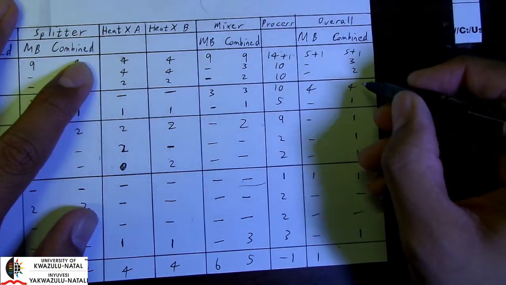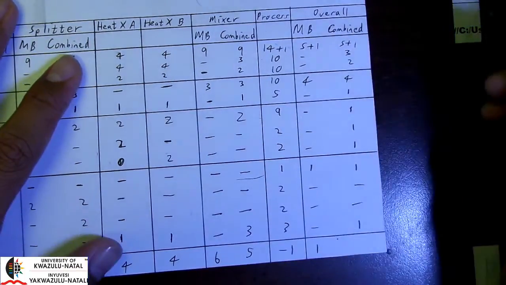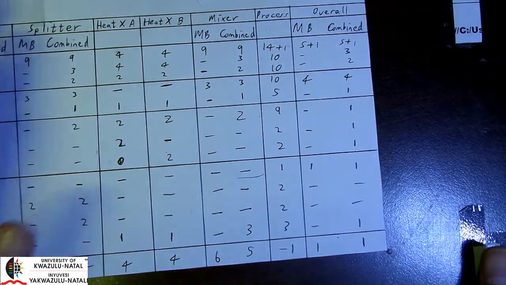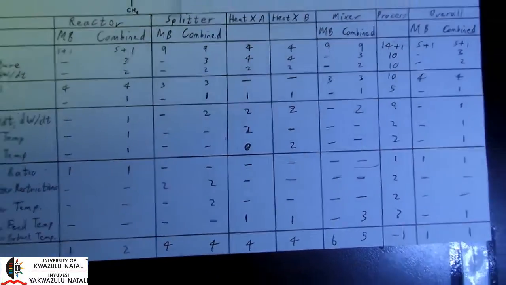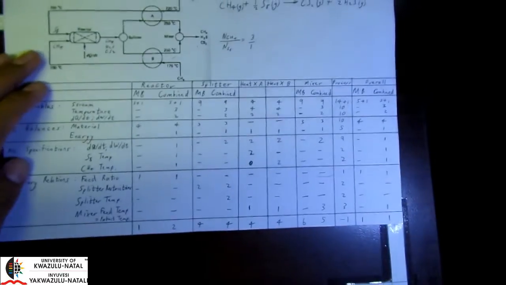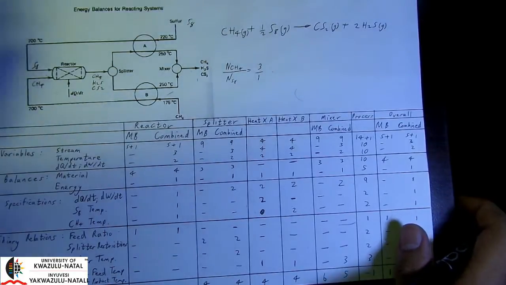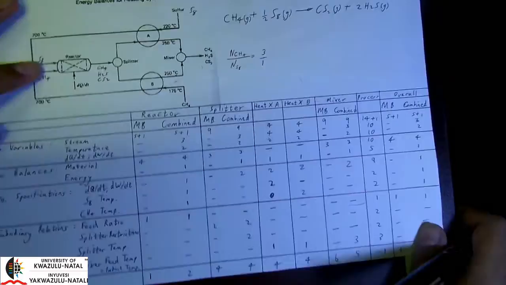And I have 4, 5, 6, 7, 8, 9, 10. So 11 minus 10, that's a degree of freedom of 1. Okay, and that's the problem solved in terms of the completion of the degree of freedom analysis.